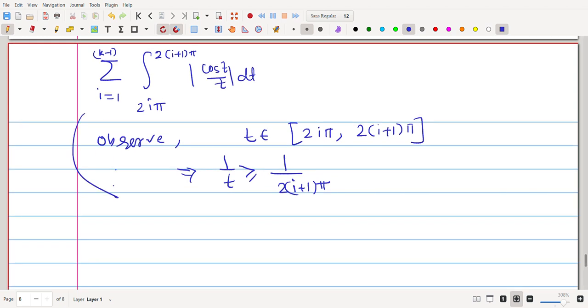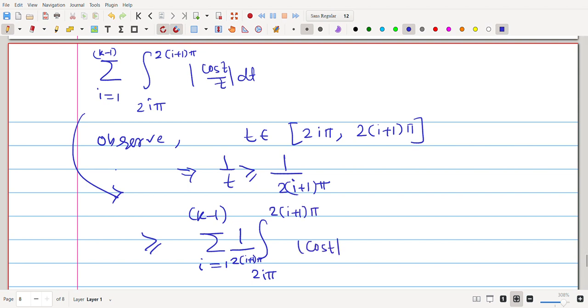That means this integral value is greater than or equal to the summation i equal to 1 to k minus 1 of 1 by (2i plus 1) pi times the integral from 2i pi to (2i plus 1) pi of mod cos t dt.